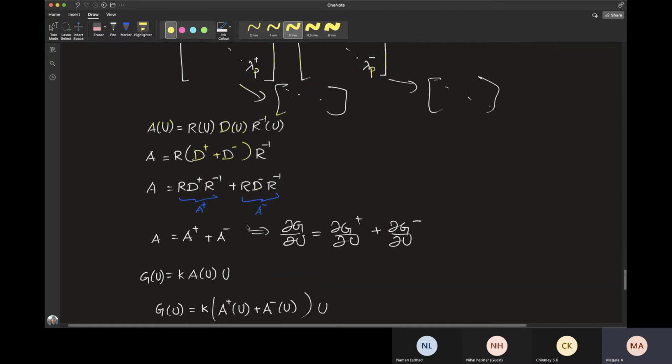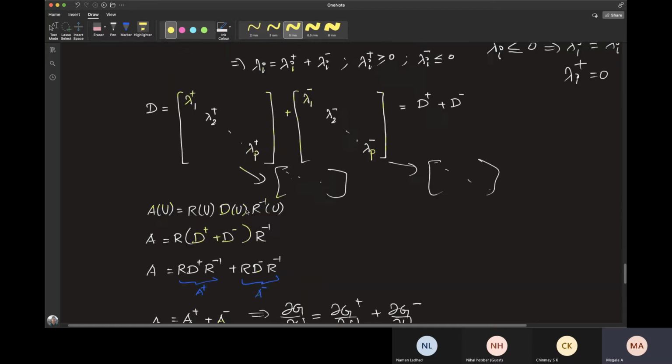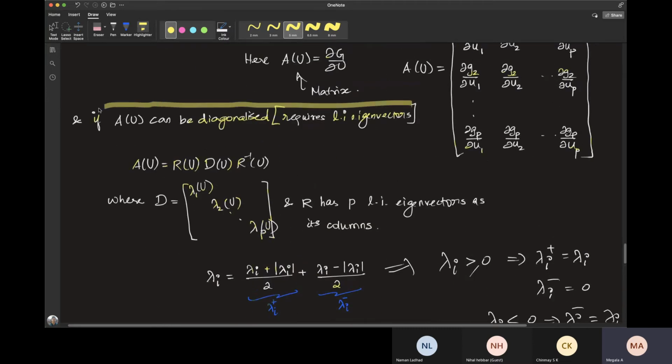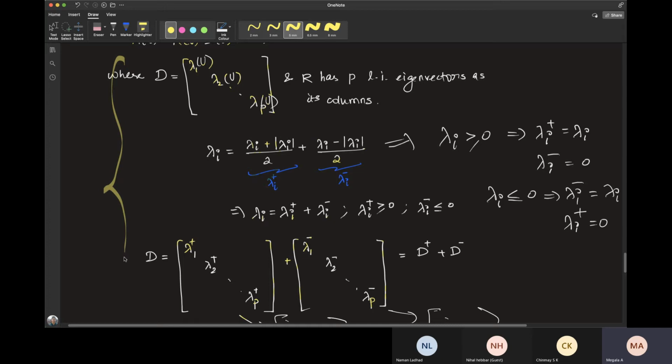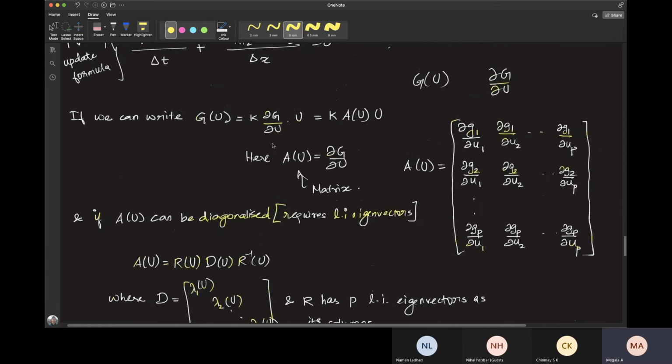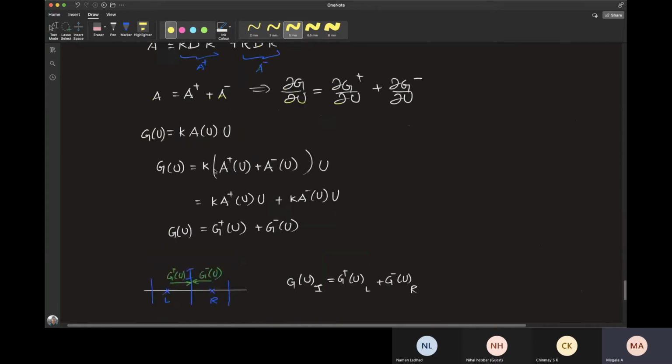So now we have gotten this. All of this has come out of the assumption that our matrix A of u has linearly independent eigenvectors. Through that assumption, we have gotten all these inferences up till here. Now let us use the first assumption, G of u equals k into A of u into u.